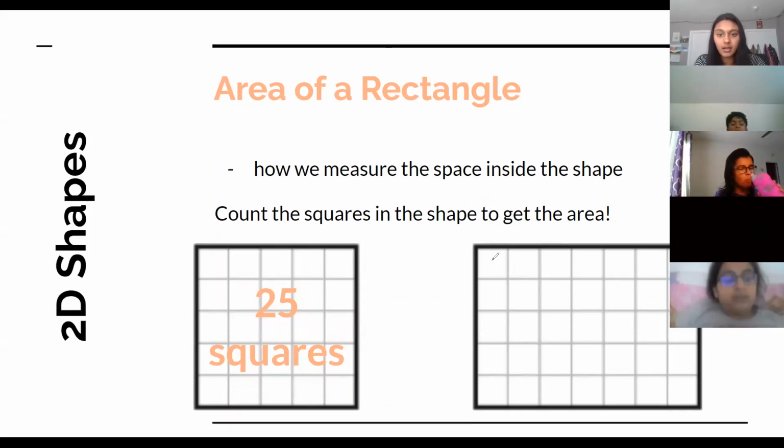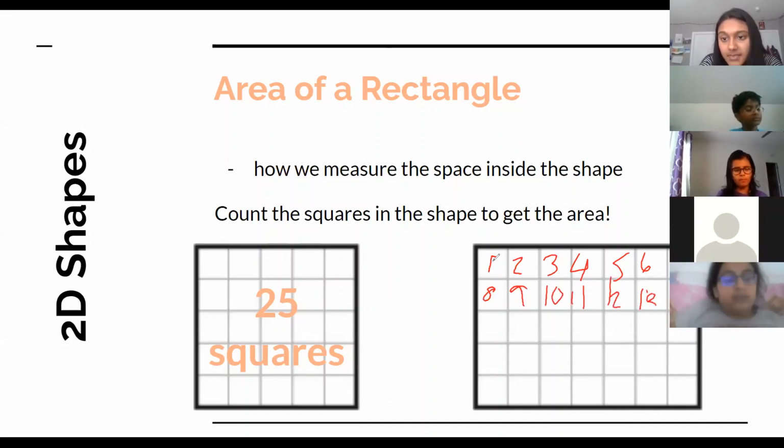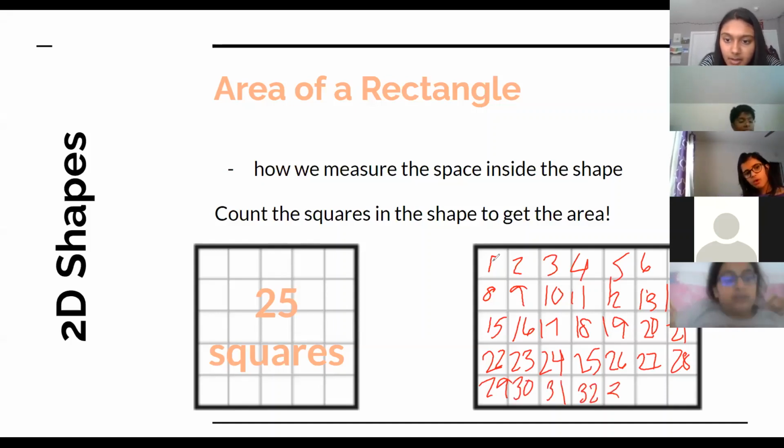So now we can do this one, and we'll count those out. It's going to be 1, 2, 3, 4, 5, 6, 7, 8, 9, 10, 11, 12, 13, 14, 15, 16, 17, 18, 19, 20, 21, 22, 23, 24, 25, 26, 27, 28, 29, 30, 31, 32, 33, 34, and 35.